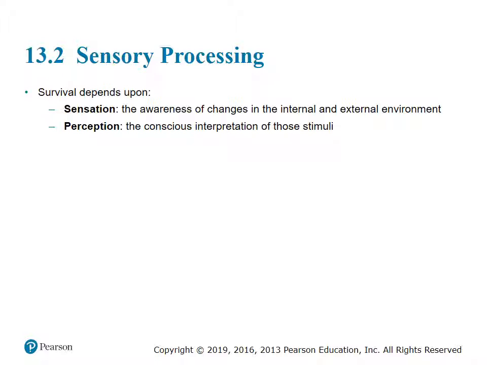Okay, so we're going to switch over and talk about how we process sensation. And again, this is really engineered for survival. When we look at survival, we look at how this works because every living organism is related to one another.